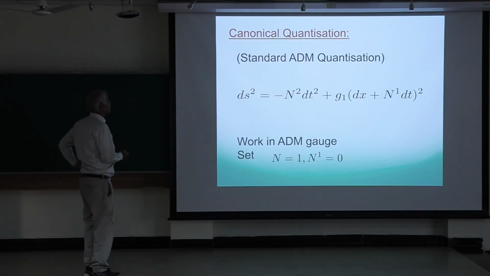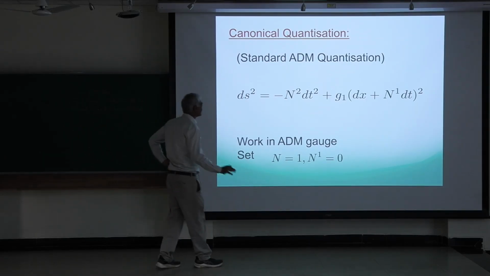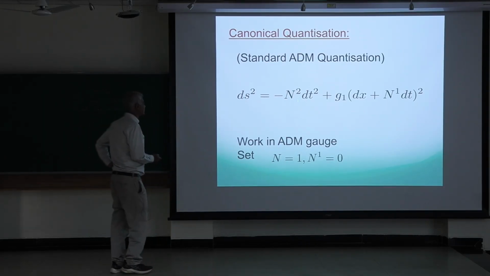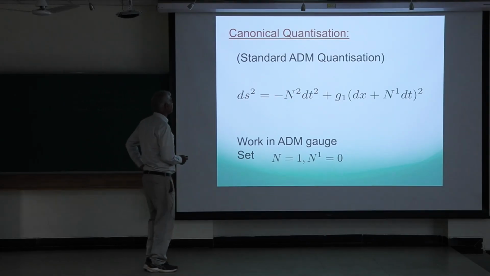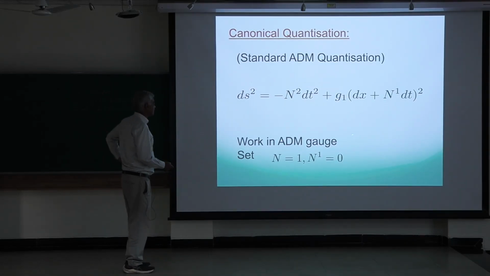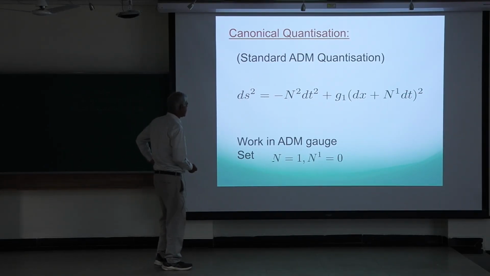Okay, so I'm going to do very standard canonical quantization. Start with the two-dimensional metric written in ADM kind of coordinates. N is the lapse function, N1 is the shift function. I go to the standard ADM gauge, set the shift function equal to 0, lapse function equal to 1.